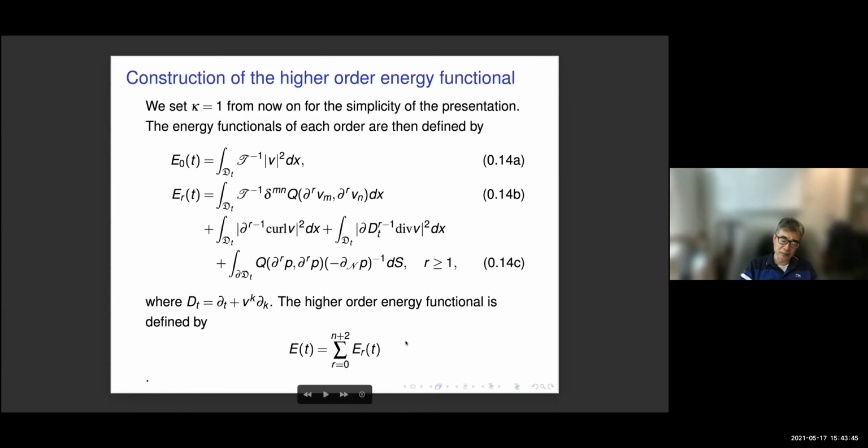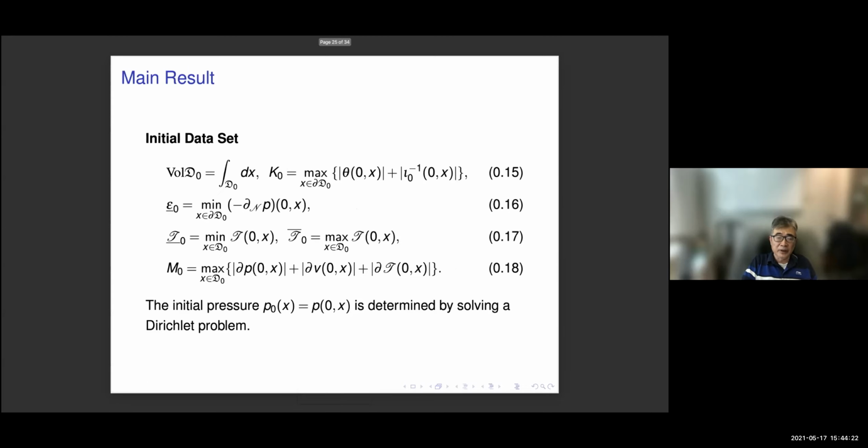Under those a priori assumptions, we can prove that the time derivative of E(t) is bounded by itself. Then with this energy bound, we prove those bounds in the a priori assumptions. One is about the boundary geometry, as I mentioned just now. Therefore, I think I'm done.